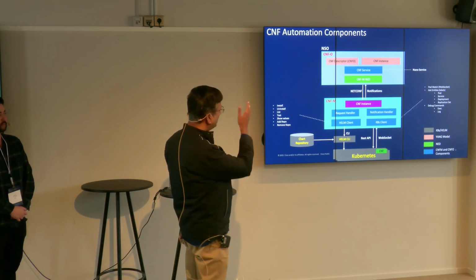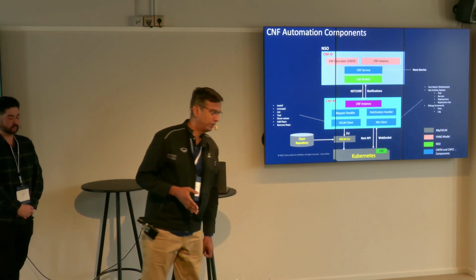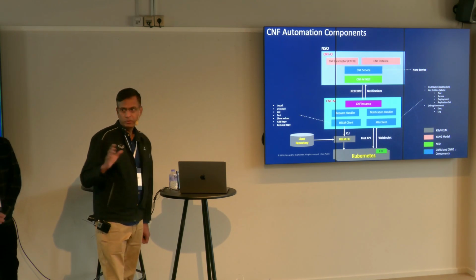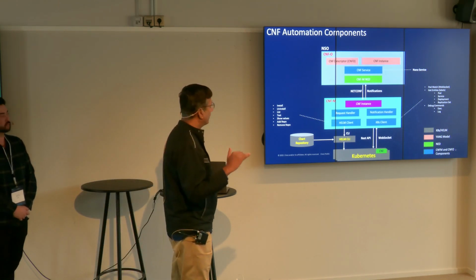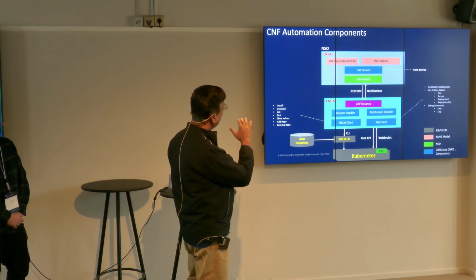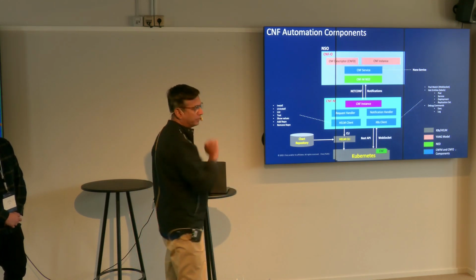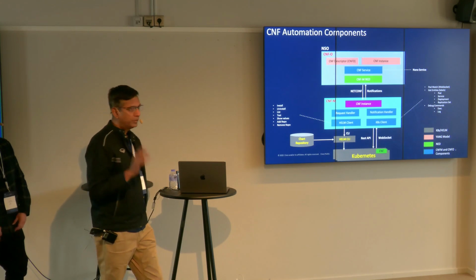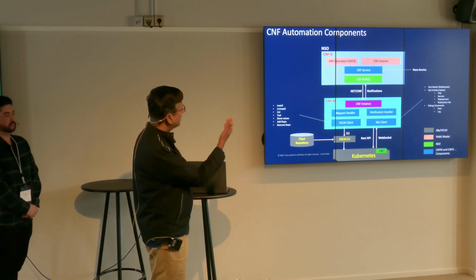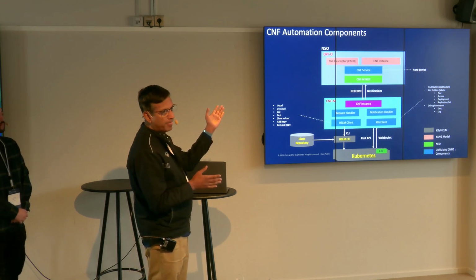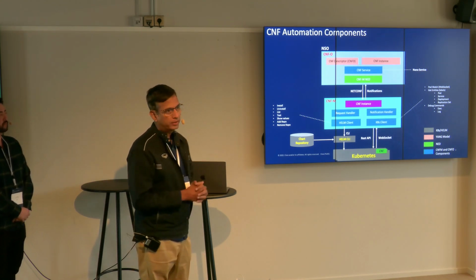Okay, so the first thing we do is to create a CNFD. And the CNFD is a blueprint. It doesn't create anything in Kubernetes. You are simply defining what to do. The actual request to create the CNF is a CNF instance. So the CNF instance is what we do repeatedly. Once the CNFD is created, the instance points to the CNFD and makes a request to create that CNF.